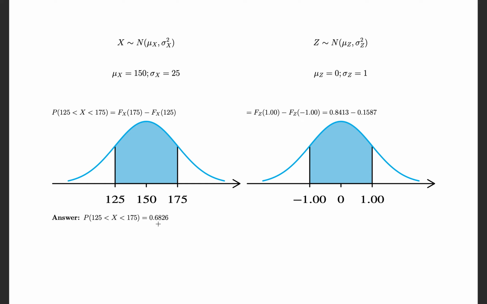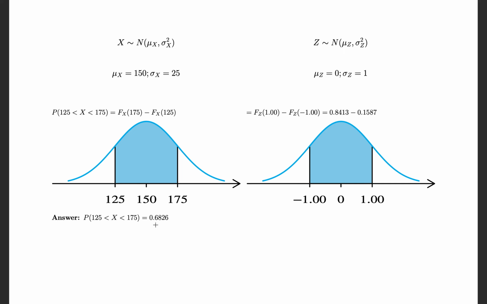And maybe you remember from the empirical rule that about 68% of the data lies within one standard deviation of the mean.